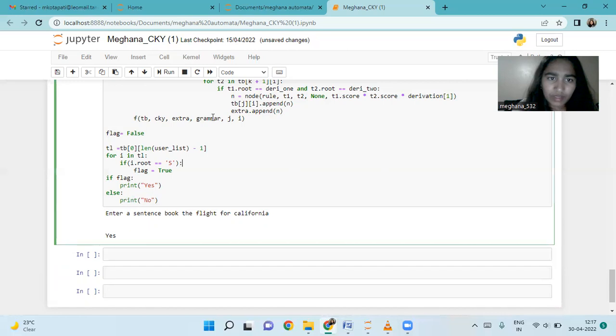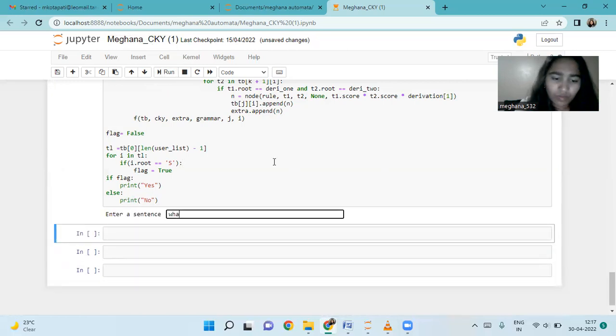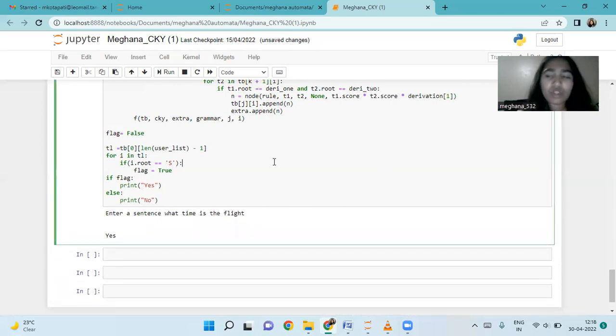This is also a valid sentence. What time is the flight? Enter. So all the valid sentences, as we have seen before in the CKY parsing tables, have the start symbol in the final cell, so these sentences are accepted by the parser.